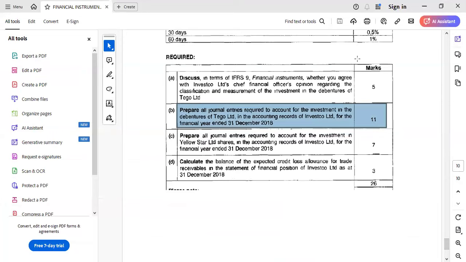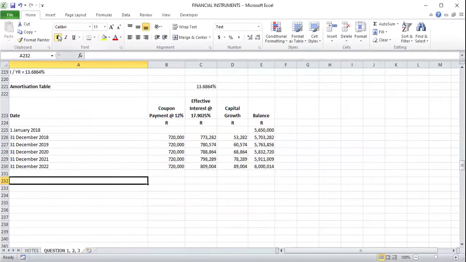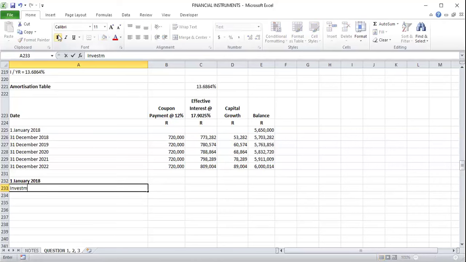So now, first of all, we'll do a journal entry on 1 January 2018 when we acquired the debentures. We'll debit investment, Investco Ltd debentures. When we acquire an investment, it's an asset.